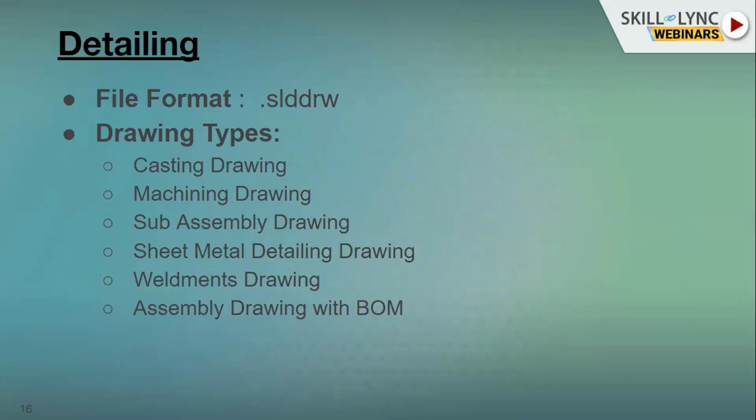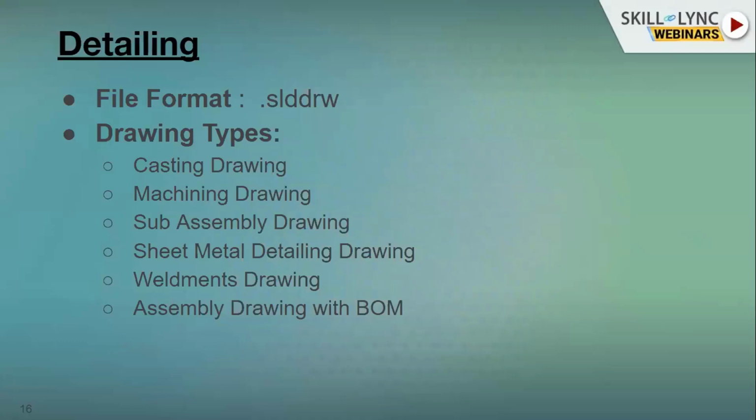We can have different types of drawings. Basically, we make casting drawings and then machining drawings, sub-assembly drawings, and sheet metal detailing drawings. For sheet metal, we need to give a flat pattern, which means the first cutting length of the basic sheet is called the flat pattern, that we can find out using this sheet metal detailing method.